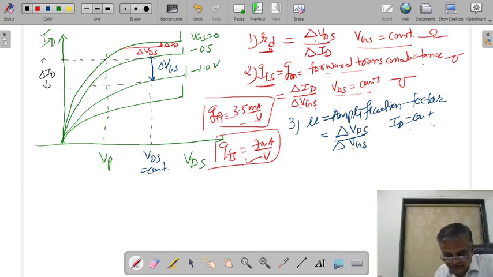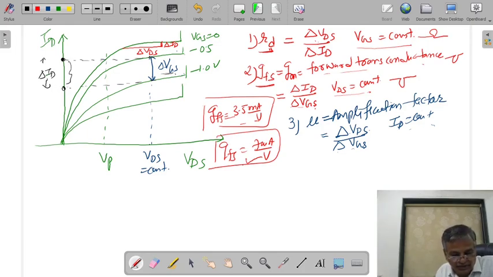What you have to do? Keep this constant. You change your gate voltage from minus 0.5 to minus 1. So you can calculate delta VGS. Draw the line here, draw the line here. You know this is one value, this is the second value. You can find the change in drain current.